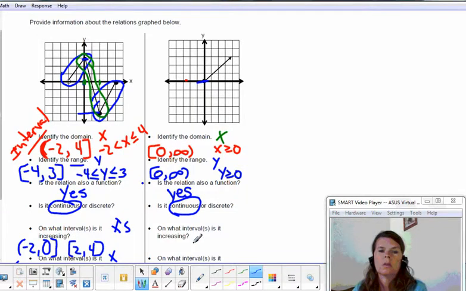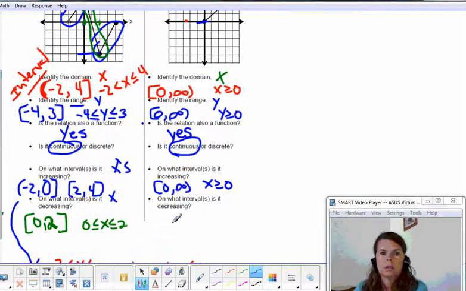On what intervals is it increasing? Well, it's always increasing. If you go from left to right, notice it's always increasing. There's no downhill. So it increases from 0 to infinity. That's interval notation. Inequality notation is x greater than or equal to 0. And then, is it decreasing?